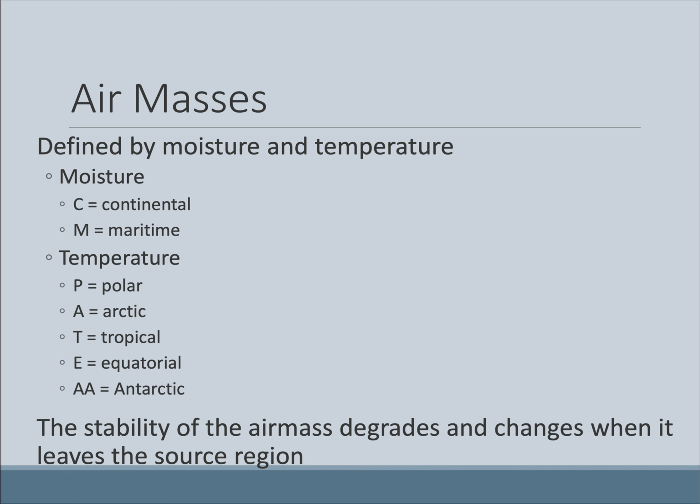Temperature, on the other hand, has more variability. If we go from the poles, there is some change in nomenclature because the North Pole and the South Pole have slightly different conditions, so they have slightly different names. In the Northern Hemisphere, it's a polar air mass.